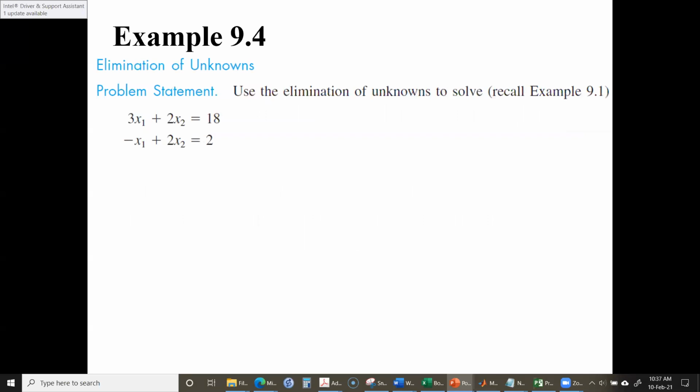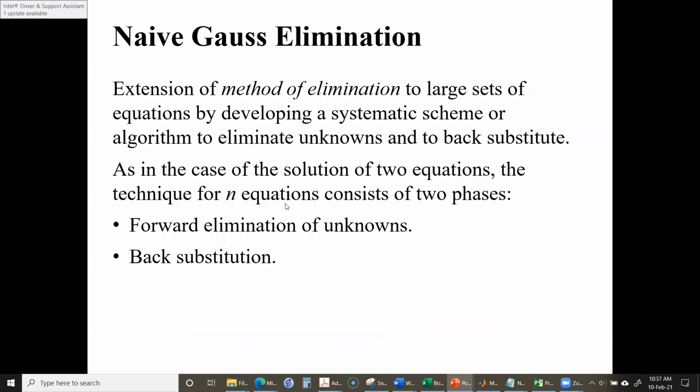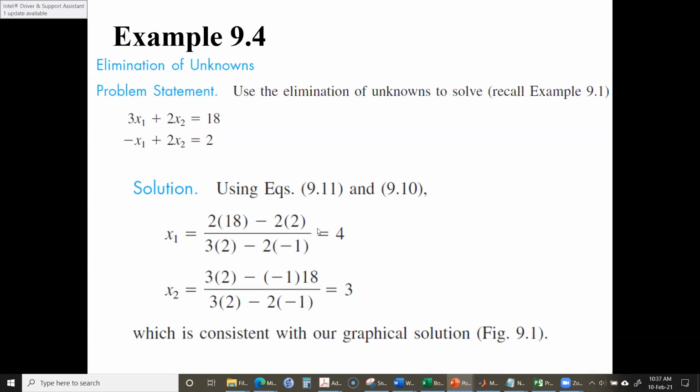Okay, so in this case, use the elimination of unknowns to solve this equation: 3x1 plus 2x2 is equal to 18, minus x1 plus x2 is equal to 2. I think you are very much familiar with this method. First of all, by the elimination method, you will find x1. This x1 can be found by multiplying the equations: 2 into 18 minus 2 into 2, divided by 3 into 2 minus 2 into minus 1.